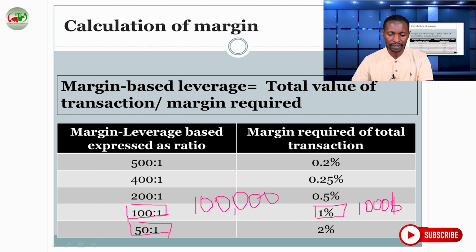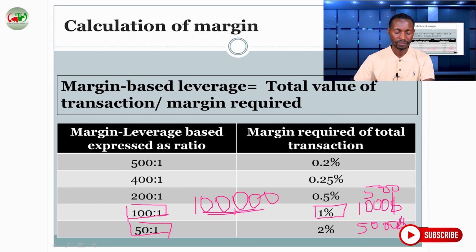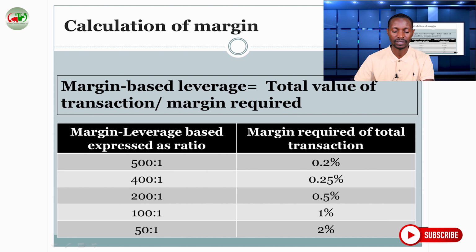For this broker, to trade this one, you will need 2% of this account, which is about $5,000. You will need $5,000 to trade this account with this broker. For this one, you will only need an account of $500 and so on. So this is how we calculate the margin required based on leverage.